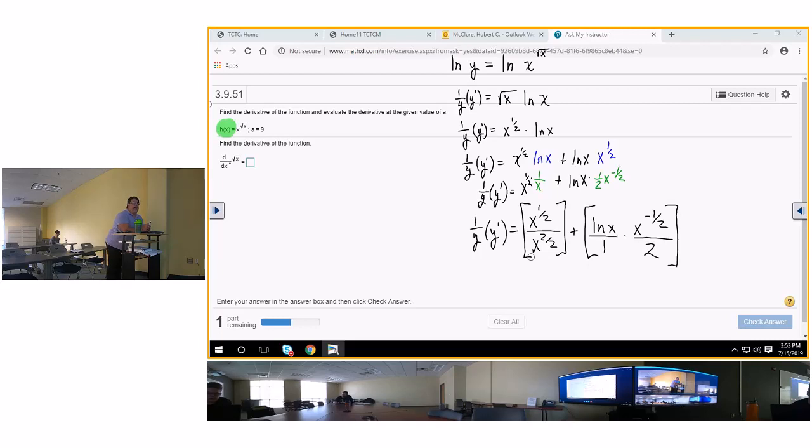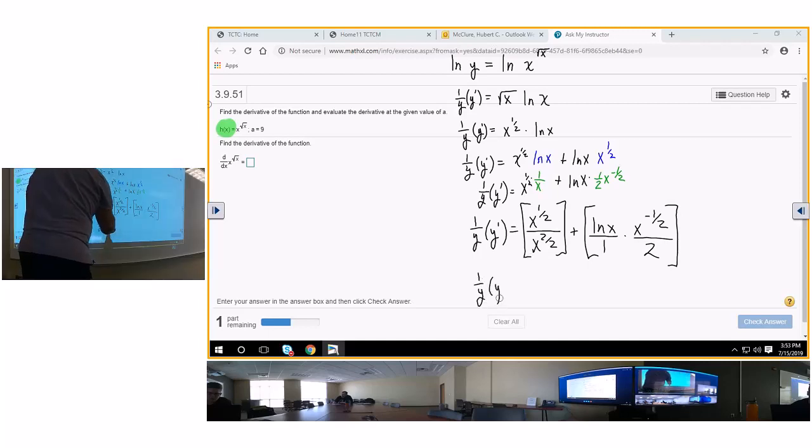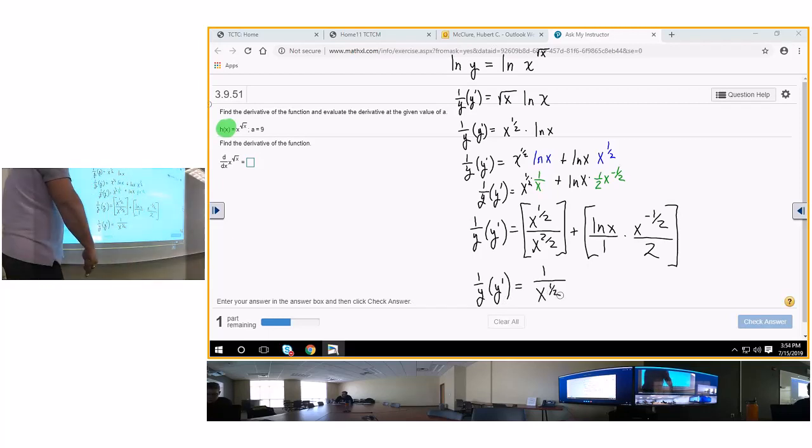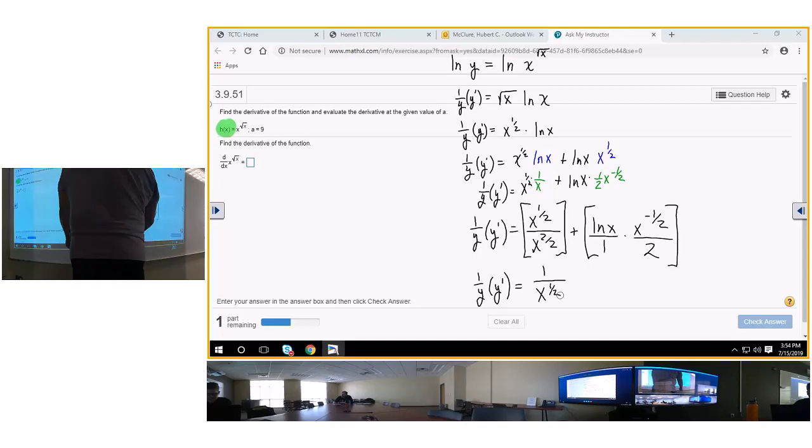So what is 1/2 minus 2/2? But it's going to be on the bottom, right? Yeah. So be 1/2 on the bottom. If I take it downstairs, it'll be 1 over x to the 1/2, right? So 1 over y times y prime is equal to 1 over x to the 1/2 plus, well, look at there.